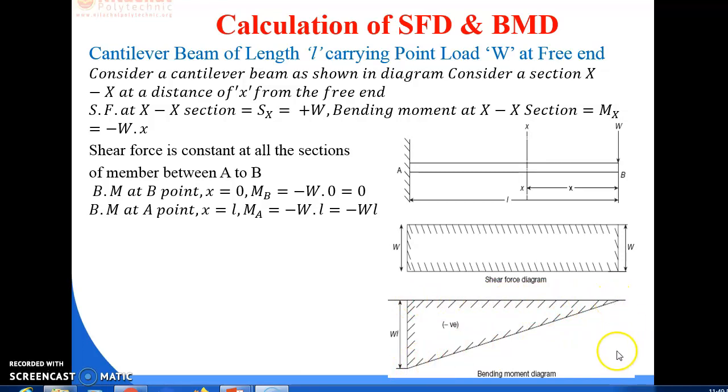Here the magnitude of moment is gradually increasing from B to the A point. So the triangle shows the bending moment diagram where B point is 0, A point is WL. If we calculate the maximum bending moment, it occurs at point A, where M is equal to W into L.